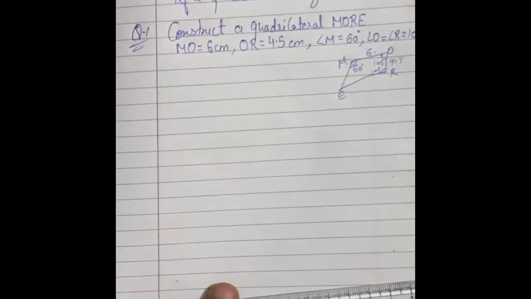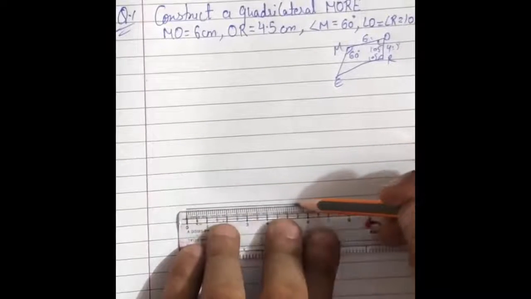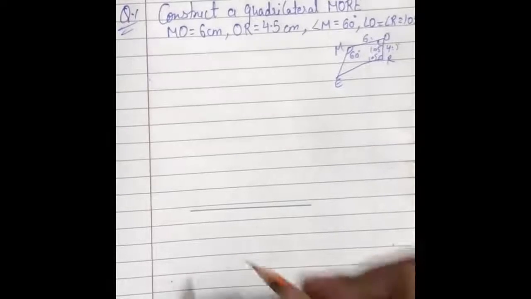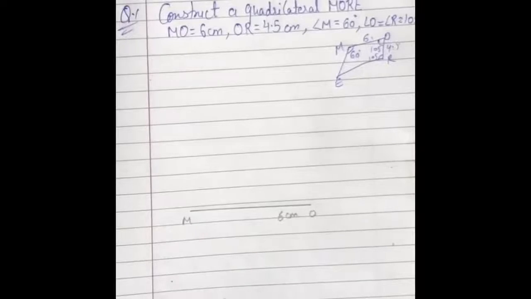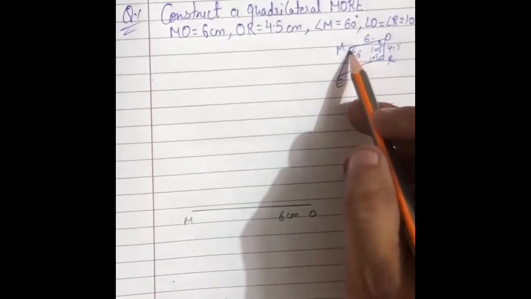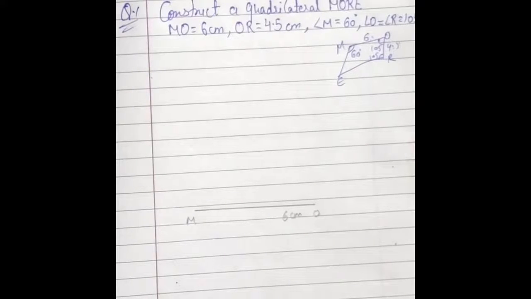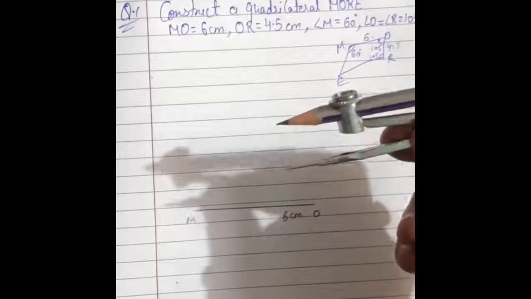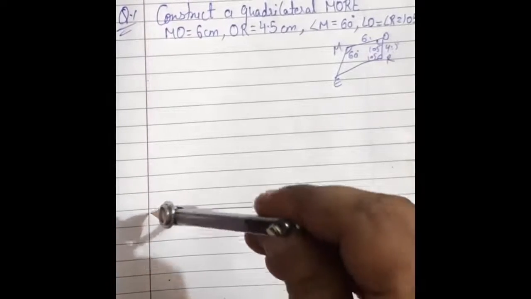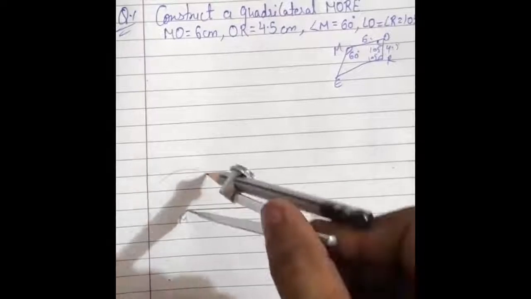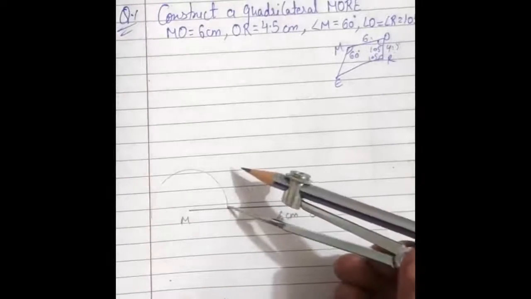So let's start. Now first we can draw a line segment MO is equals to 6 centimeter like this. This is M and this is O. This is 6 centimeter. Fine. Now we can construct angle M is equals to 60 degree. So fine, we can open a compass like this, okay, and draw an arc like this, and put it here.